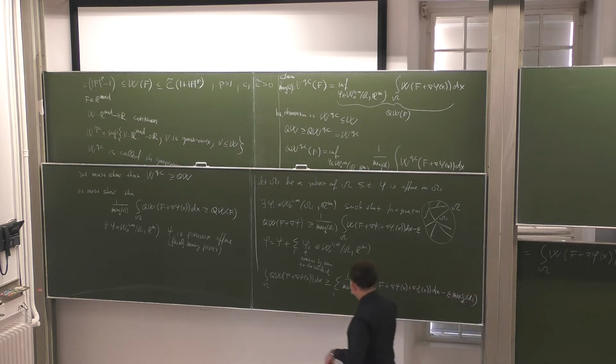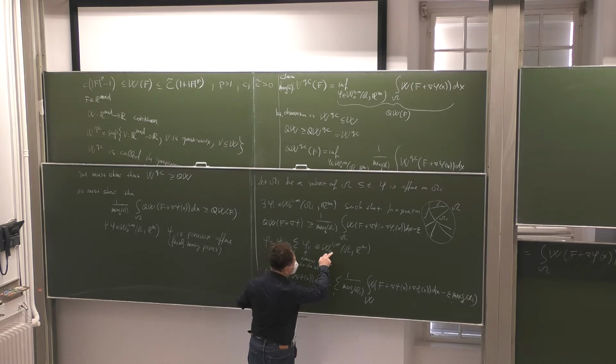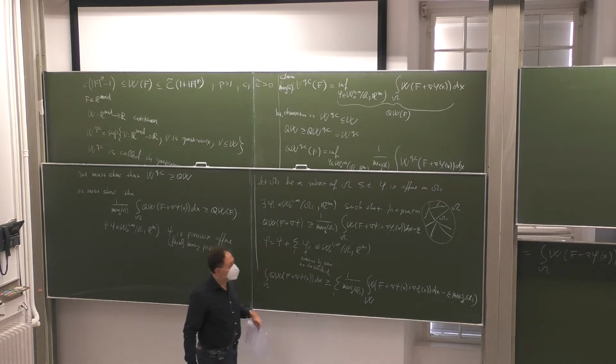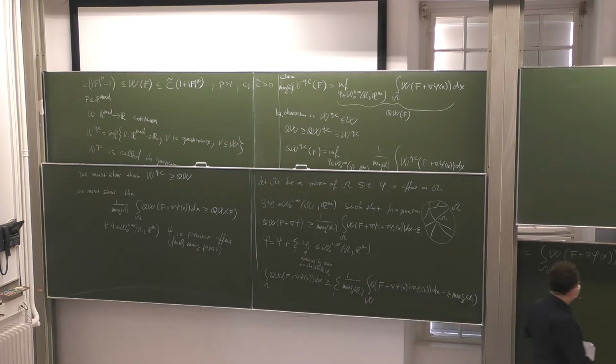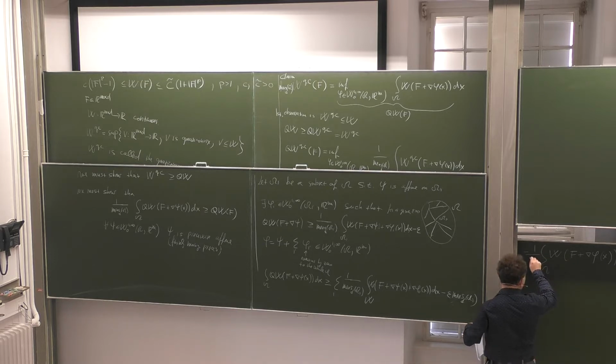But because of this extension, I have something which is finally Lipschitz with zero boundary conditions on the omega I. And this gives me that this is bigger or equal than QW of F times the measure, and I think I also should put here 1 over measure. And maybe this also applies here. And this is bigger or equal than this one minus epsilon.